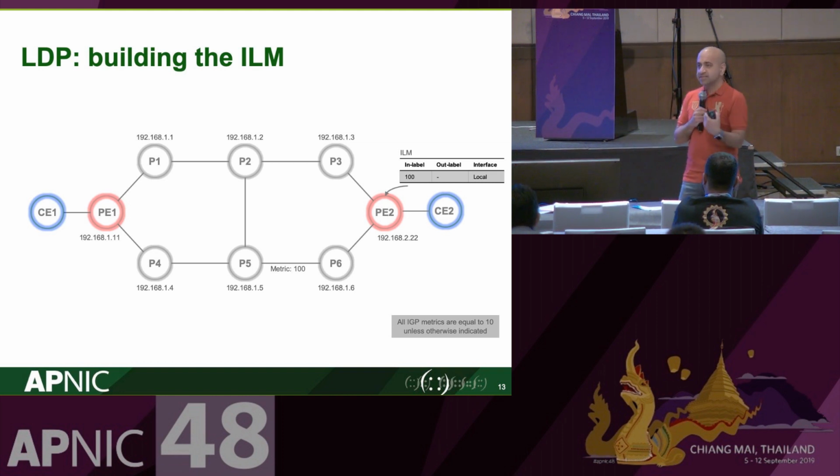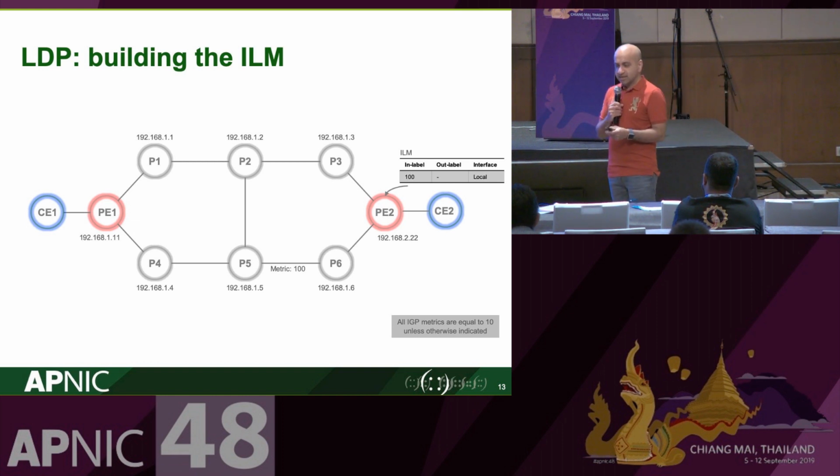And it says, if I receive an MPLS packet with a label of 100, it belongs to me. So what I will do is I will strip the label. There is no out label. And I will process it locally because it's mine. It's destined for me. So PE2 does that allocation.